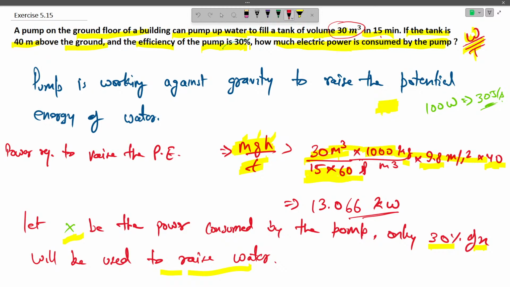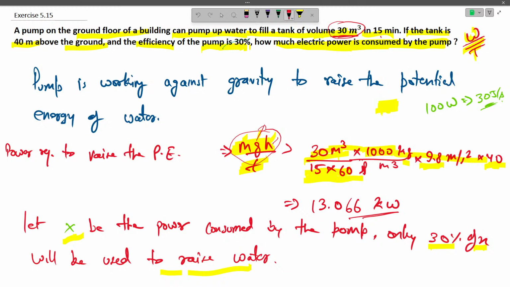Since we have to work against gravitational force, we can easily find out the work done in this case by change of potential energy, that is mgh. Height would be equal to 40 meter, and for mg, mass can be found out by multiplying the volume with density, and g is the acceleration due to gravity.